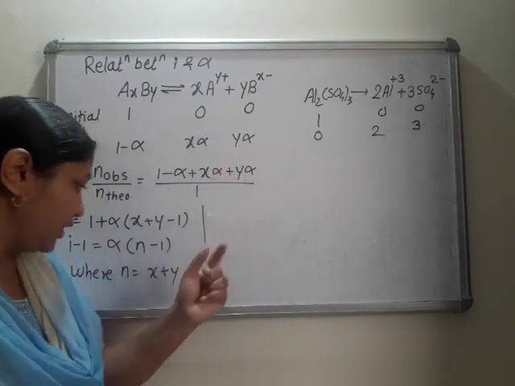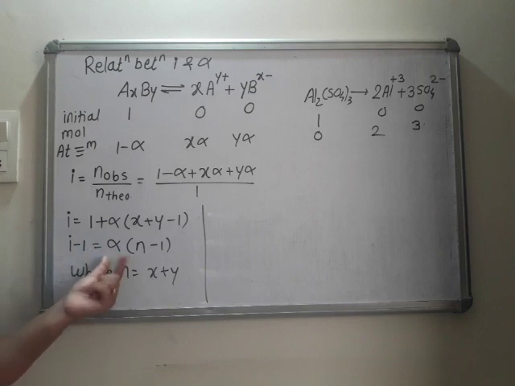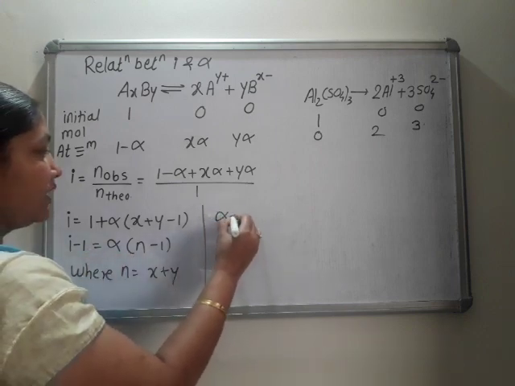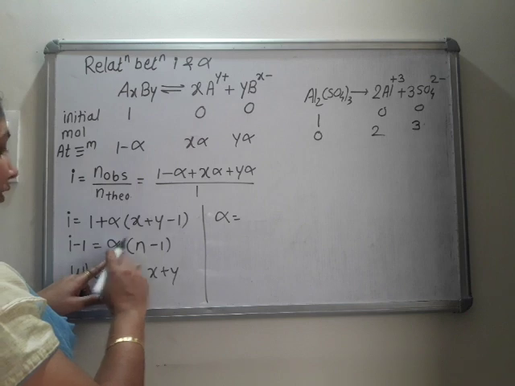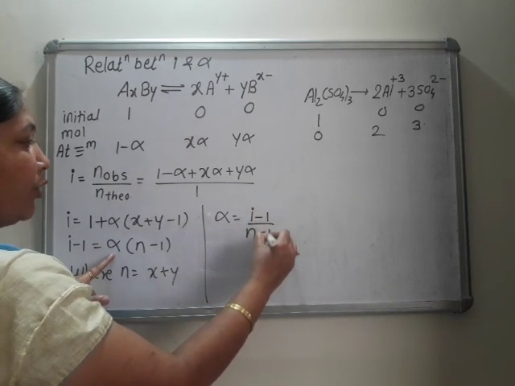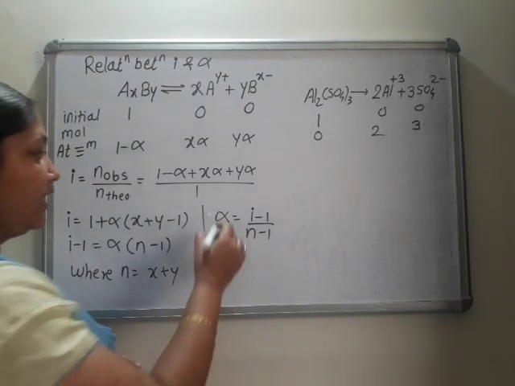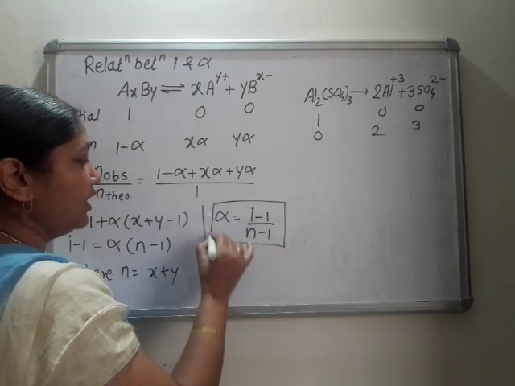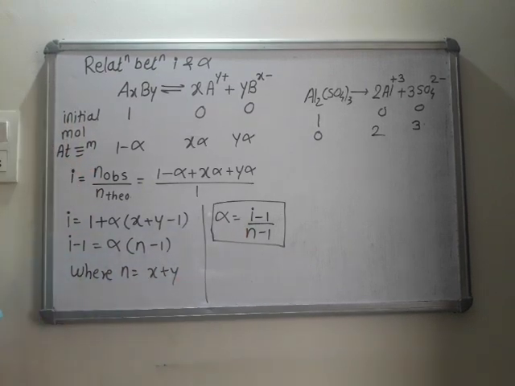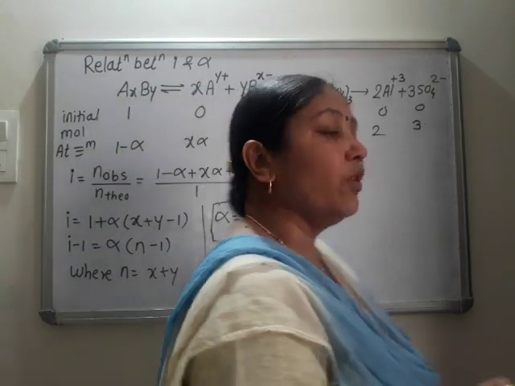Now rearrange this in terms of alpha. So what do we get? From this equation, alpha is equal to (i minus 1) upon (n minus 1). Okay. Alpha is equal to (i minus 1) upon (n minus 1). So this is the degree of dissociation of a weak electrolyte.